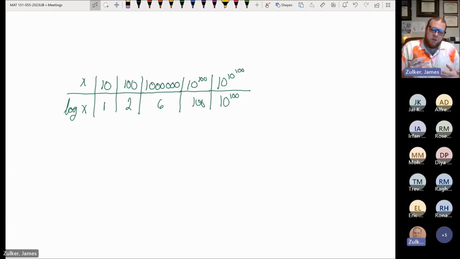What do we notice? As we let x get larger, what's happening to the log? Isn't it also getting larger? It's also increasing without bound.